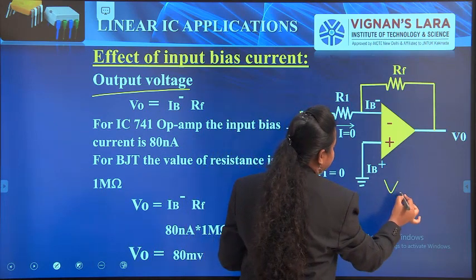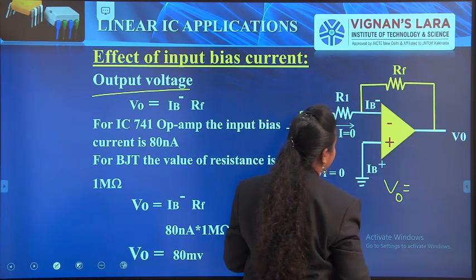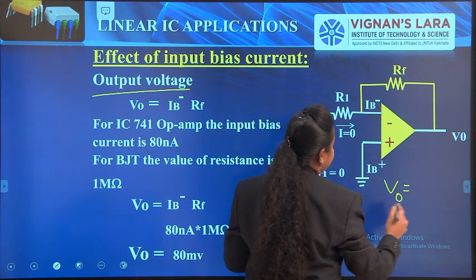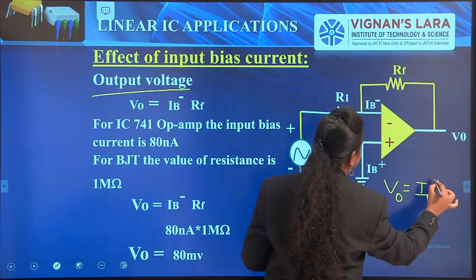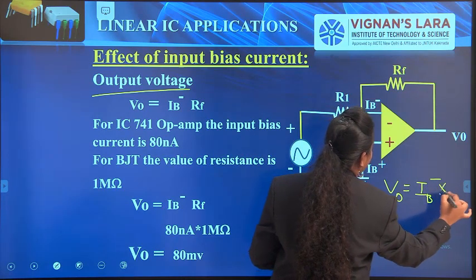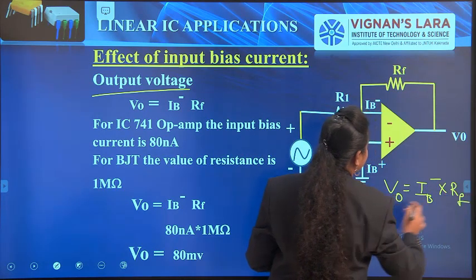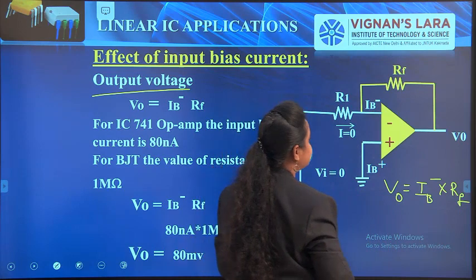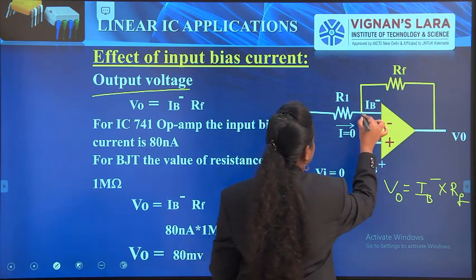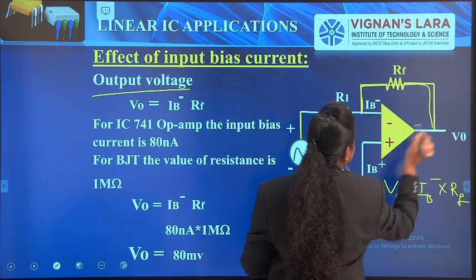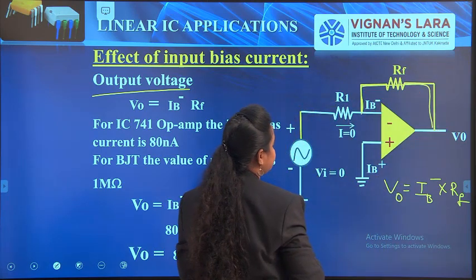V output is equal to IB minus into RF. The voltage along this loop, the output voltage, is equal to IB minus into RF.